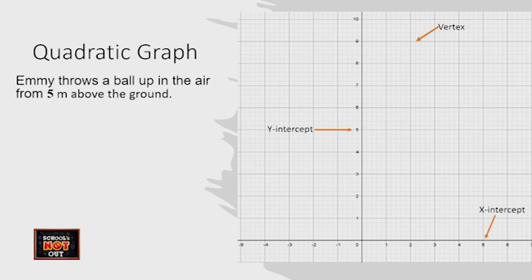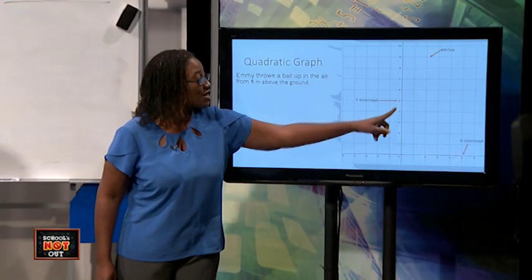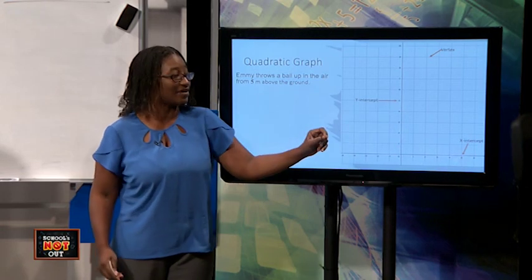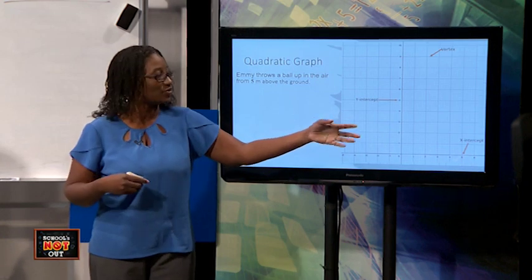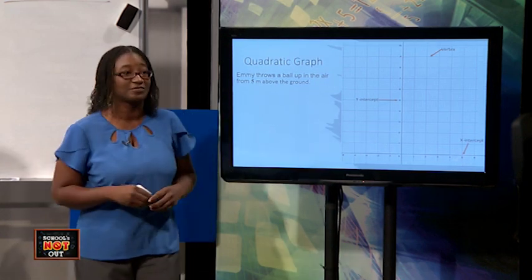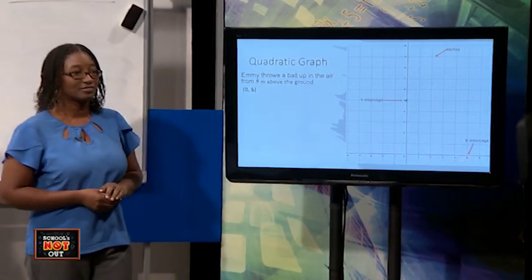What I'm seeing here is Emmy will be throwing the ball from this point right here, which based on my X value, it's 0, and based on my Y value, it would be 5. So Emmy's starting point from the situation is 0, 5. And 0, 5, that is correct. So that is our y-intercept.